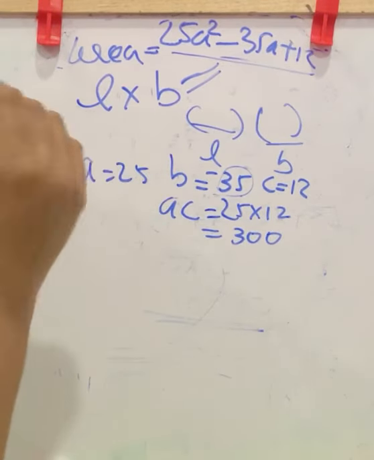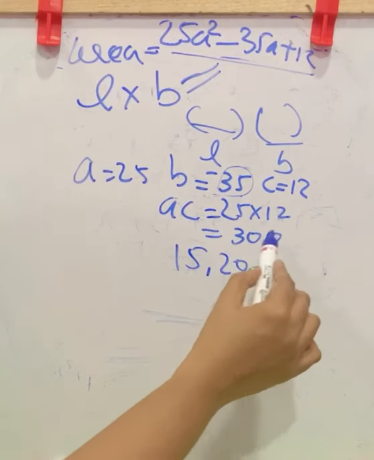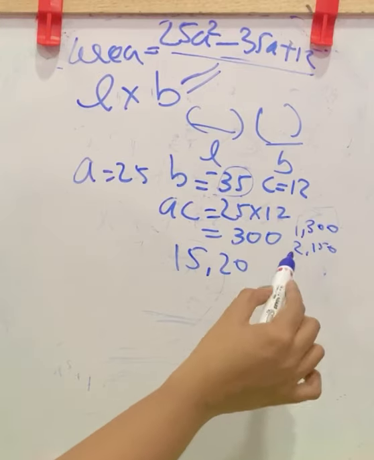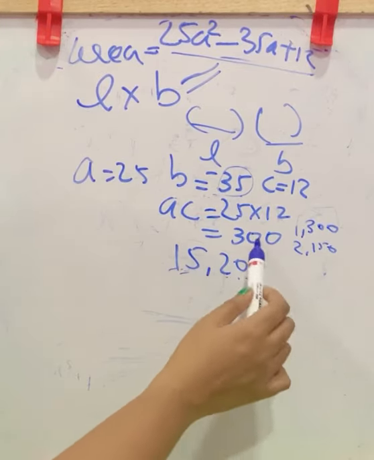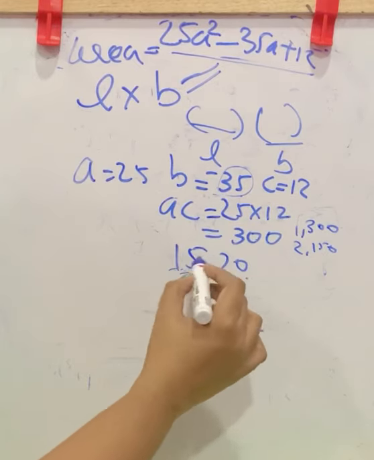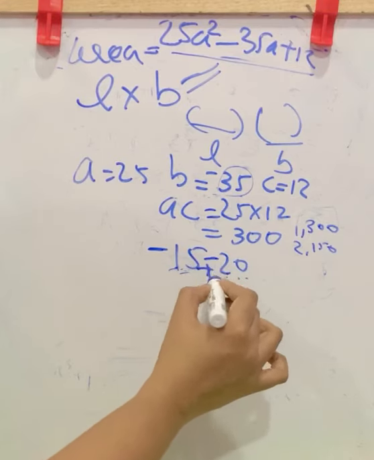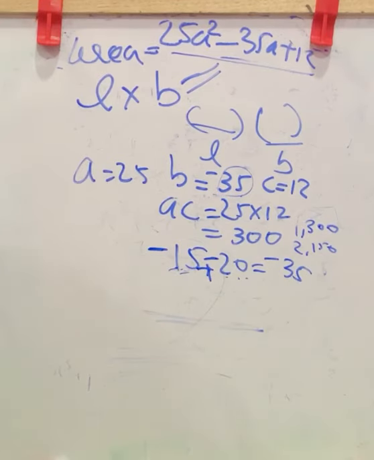How will you get minus 35 using 15 and 20? Here there are so many factors, 1 into 300, 2 into 150 and all. But here we are using 15 and 20. This is also 300. Now to get minus 35, you take minus 15 and minus 20. The result will be minus 35. So minus 15 plus minus 20 is minus 35.